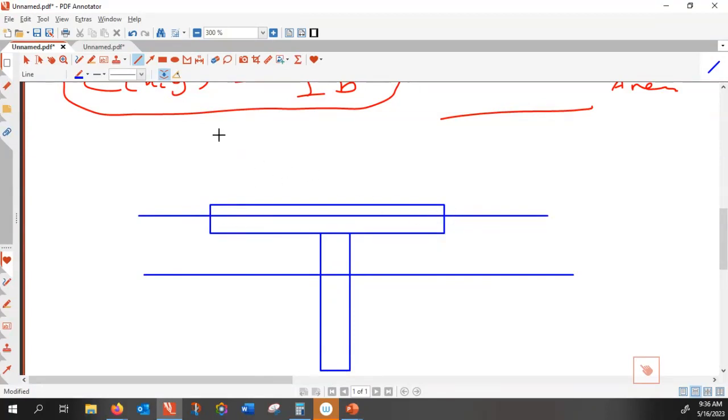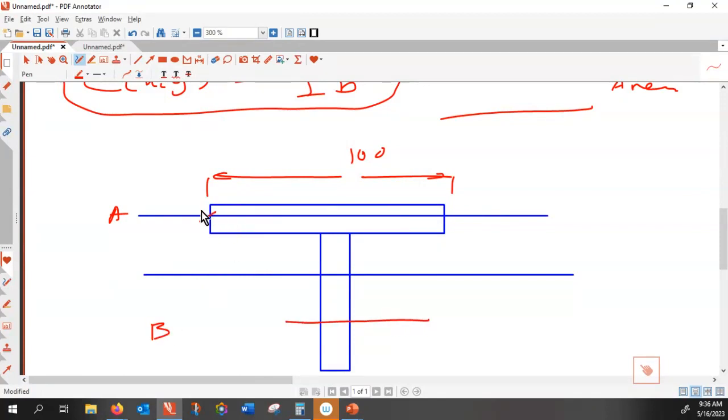So B over here, for example, this is 100, and that is cut A. If I do cut B, so here B of A is equal to 100. If I split the beam in two pieces, lower and upper, so from here to here, B of B is equal to only 20.